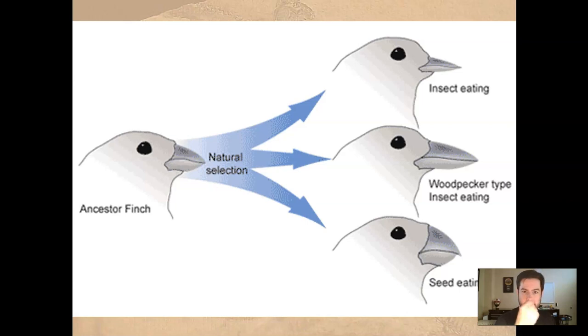So different beak shapes were selected as the most efficient way to utilize that food source. Through natural selection, some birds eventually evolved as a species to have a more narrow-shaped beak for insect eating, a broad beak for seed eating, and a long, mid-sized beak for woodpecker-type insect eating, kind of drilling into areas.